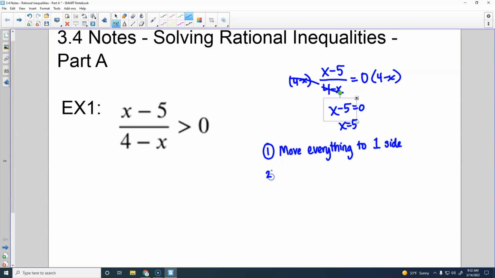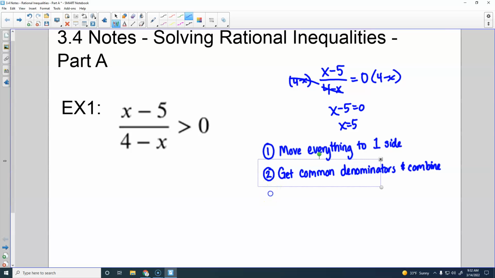We will get common denominators, and combine. So these first two steps we're really not going to see much today. I don't think at all today. They'll be on the second part of these notes.